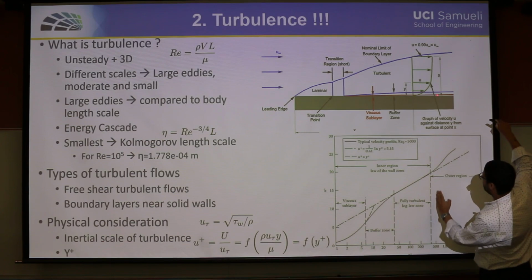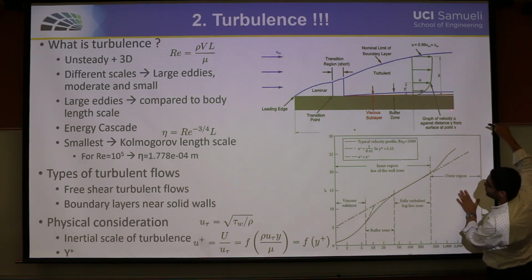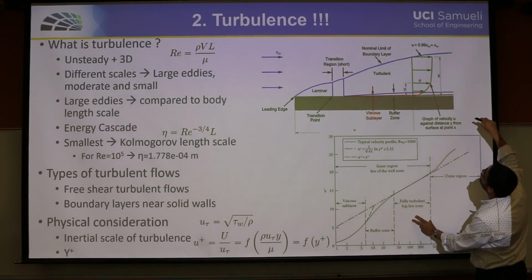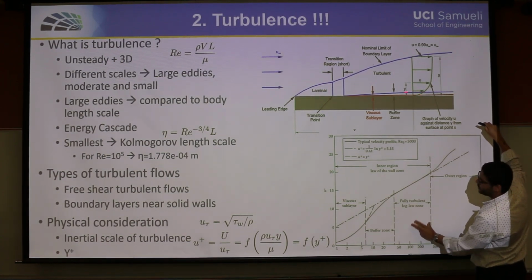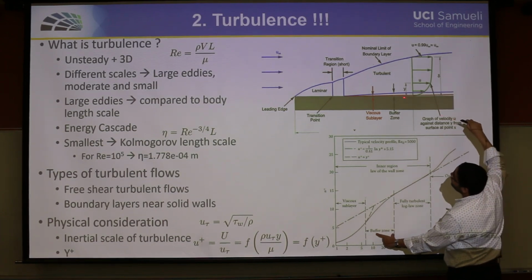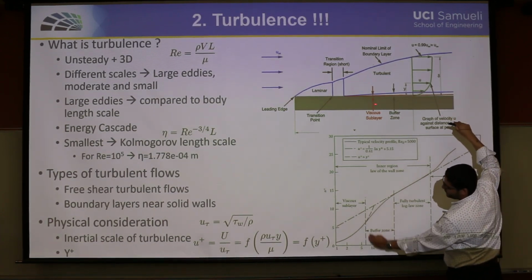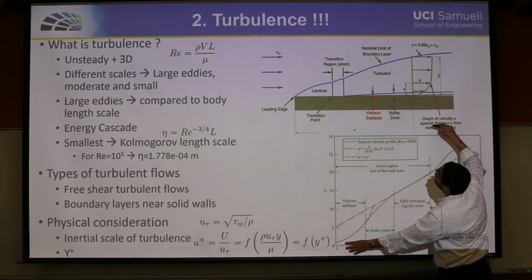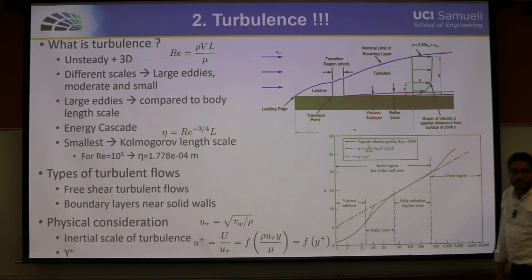So this could be considered as the outer region and the log region. And from that blue line down to that red line, it could be considered as the buffer region. And after the buffer region, from that height till you reach the wall, it's called the viscous sublayer.